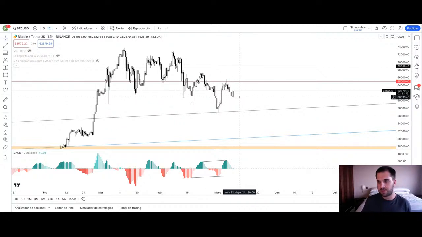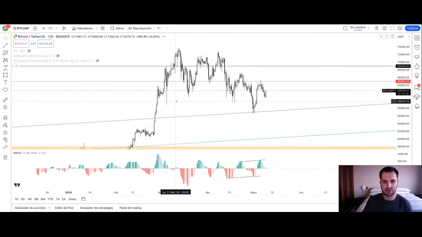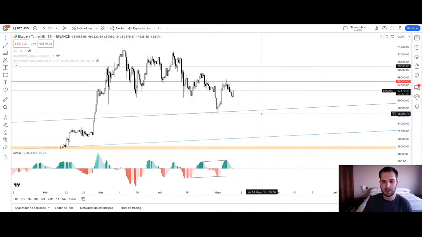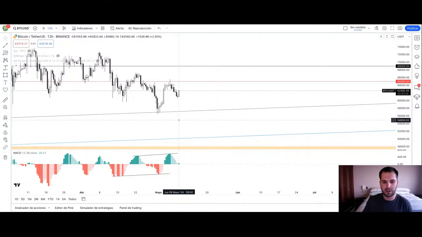But on this fresh new 12-hour candle, and that's why I'm saying the biggest bullish divergence of the year, since December at least, we haven't had such a good setup or bullish divergence on Bitcoin, because we're printing a strong green momentum candle on BTC.